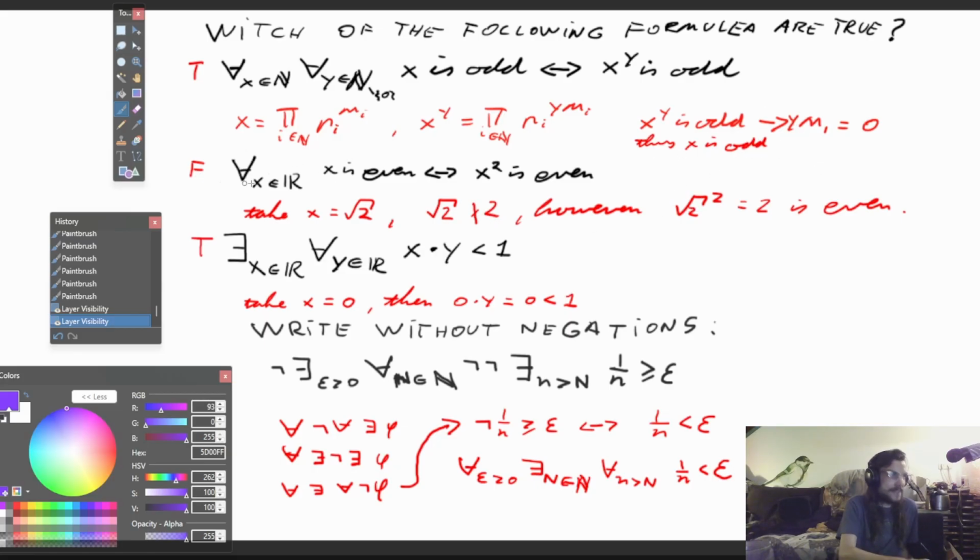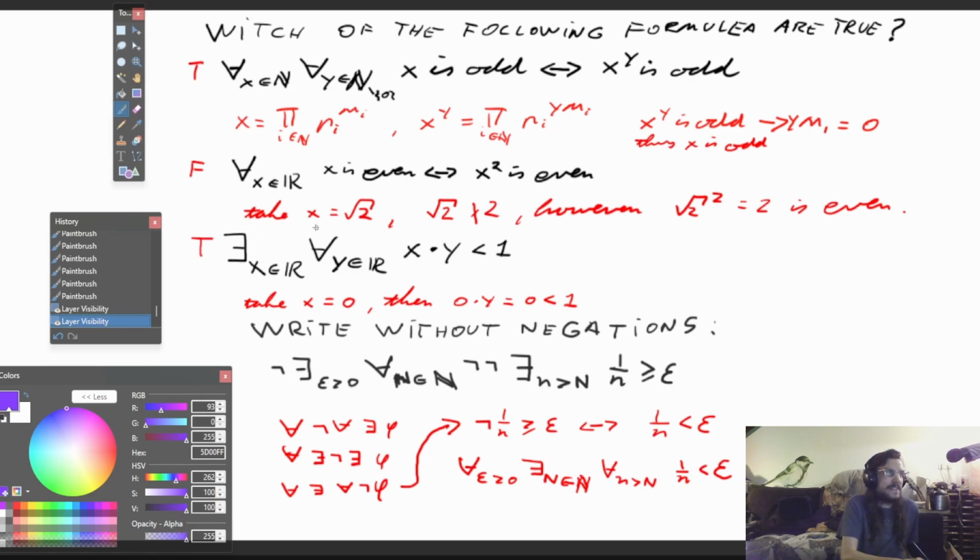Okay, the second one is false. With a for all statement, if you want to show that the for all statement is true, you need to show some statement that is general about every object in the set. But if you want to show that the for all statement is false, you only need one counterexample, and the whole thing collapses.